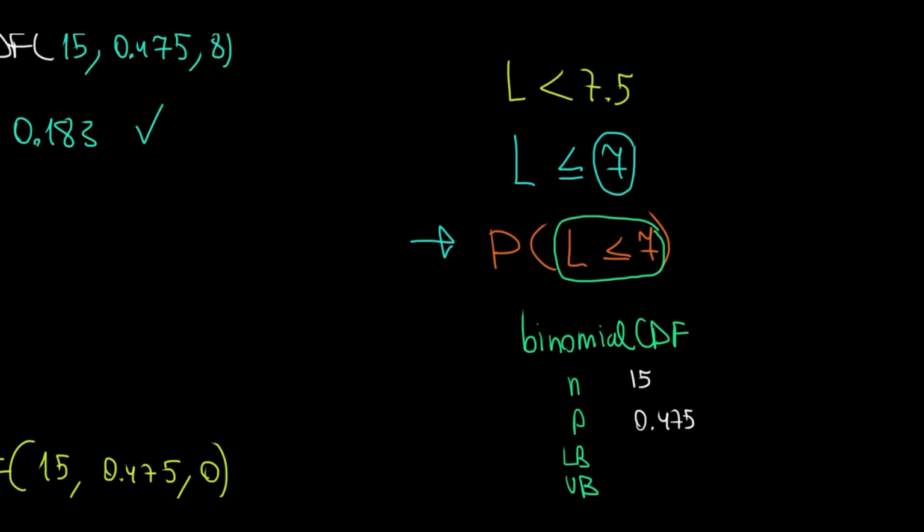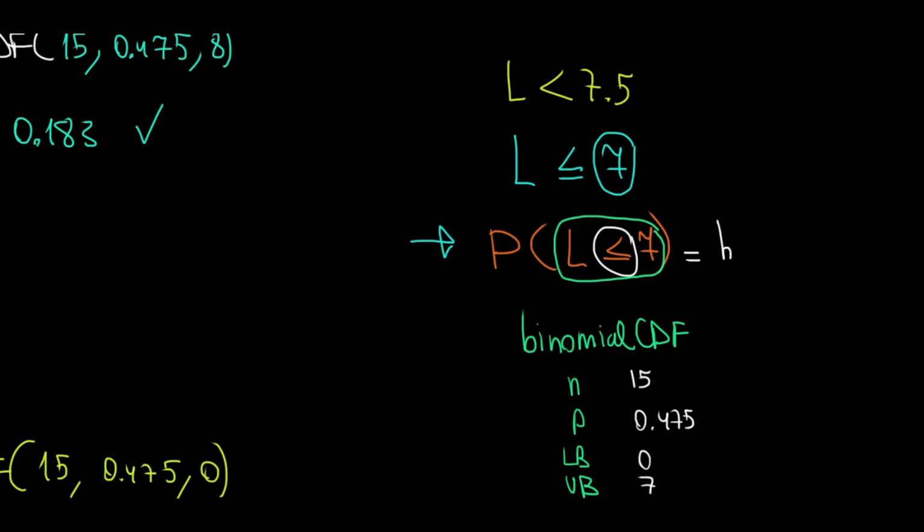The lower bound is the minimum value that this variable can take. Well, the minimum value in the context of students is 0. You cannot have a negative number of students, so that's going to be 0. The upper bound is going to be 7 included. You see, I have the equality sign as well, so I'm going to put 7 because it's included.